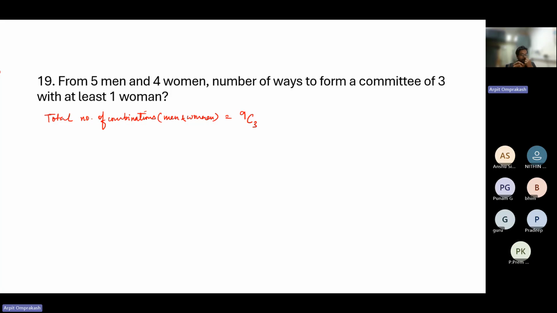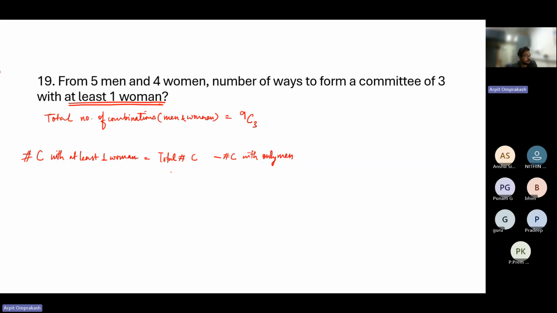That part I understand. But it's easier in cases like this when you have at least 1 woman, right? So the number of committees with at least one woman is equal to the total number of committees minus the number of committees with only men.